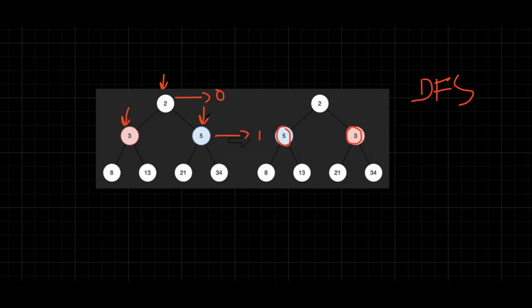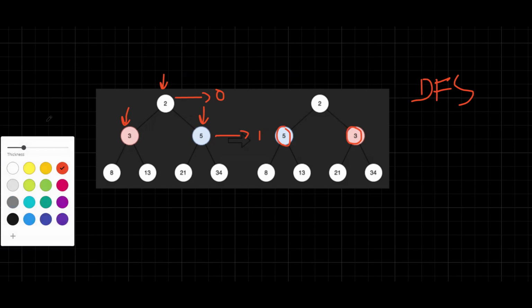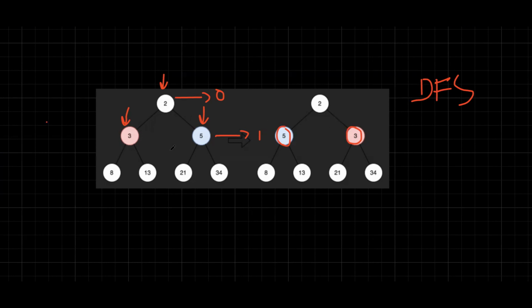Now the basic question is, how can we proceed the recursive call? And we can proceed the recursive call in such a way that, let's assume this is a mirror tree. So here, this node is similar to this node, and this node is similar to this node if this is a mirror tree.